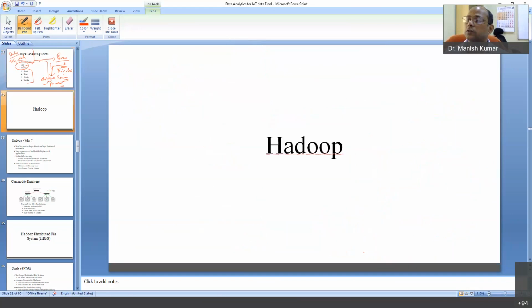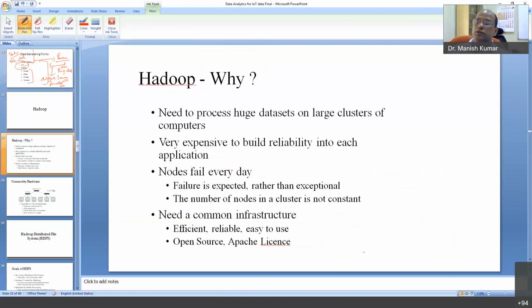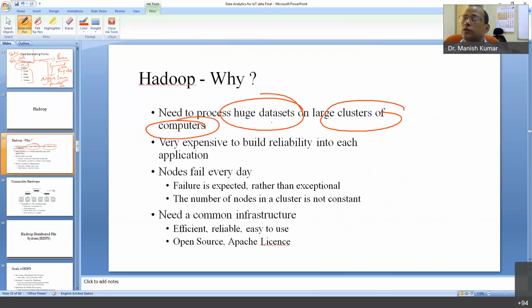The first answer is that Hadoop can do that. So why Hadoop? The motivation is that you want to process a huge amount of data on a large cluster of computers, because we realize that it cannot be handled through one point. So we need large clusters.